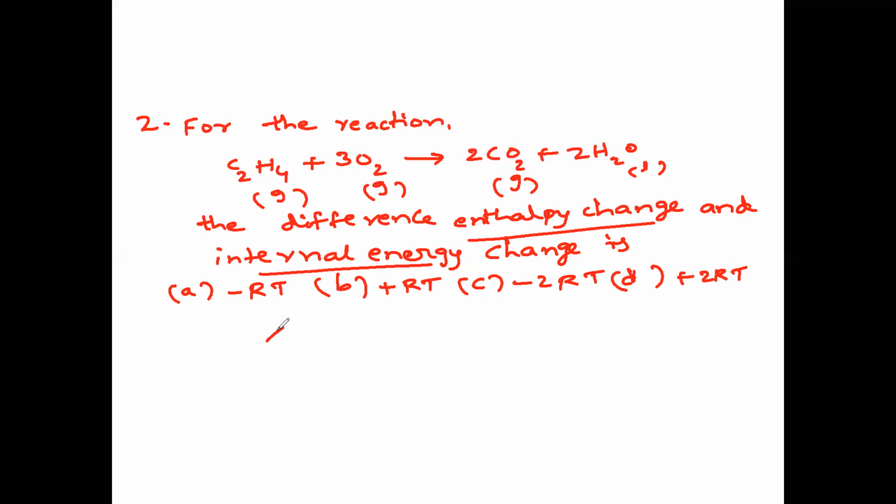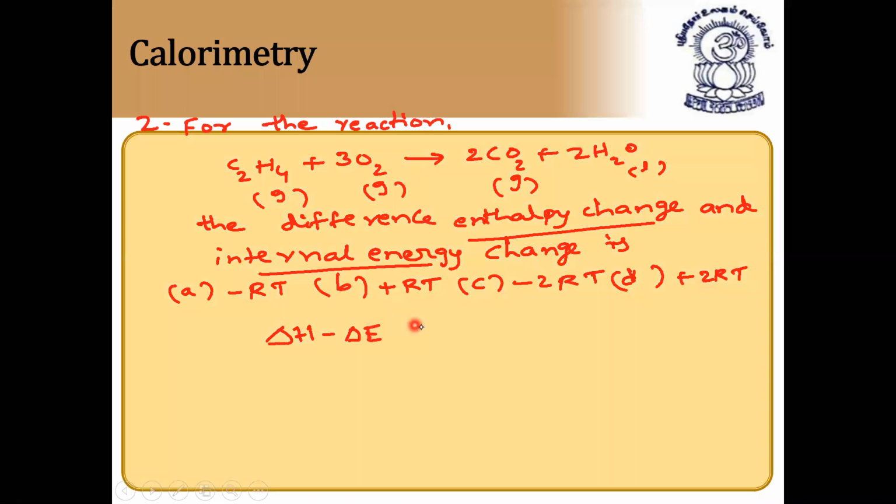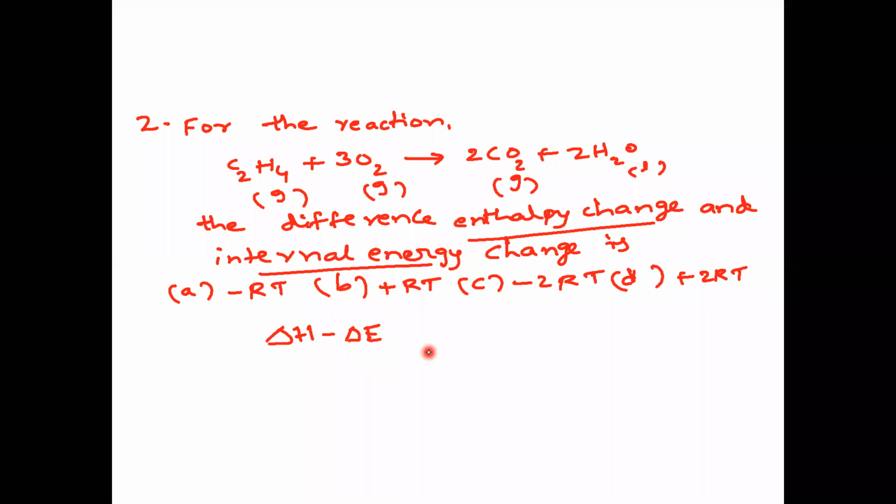So delta H minus delta E, and delta E or delta U are the same, don't get confused, is equal to delta n RT. How to calculate delta n? As we saw in the previous question, it is the number of moles of gaseous products minus the number of moles of gaseous reactants. So if you find the delta n value, you'll get the answer.